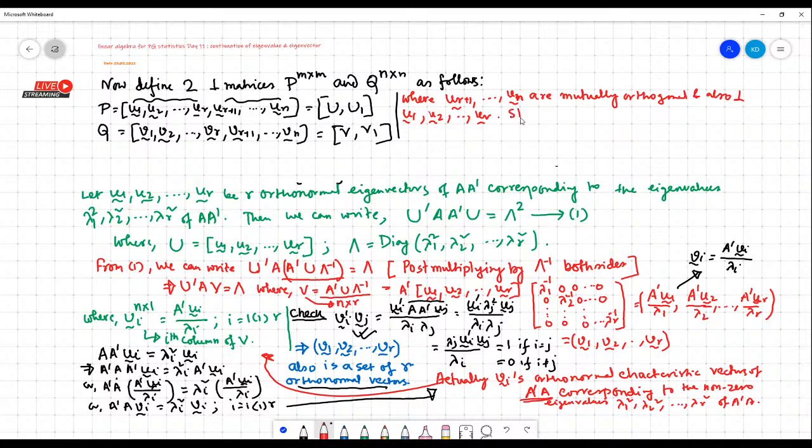This means P is an orthogonal matrix. Similarly, Vr plus 1 curl to Vn curl are mutually orthogonal and also orthogonal to V1 curl to Vr curl. As a result, Q is an orthogonal matrix.